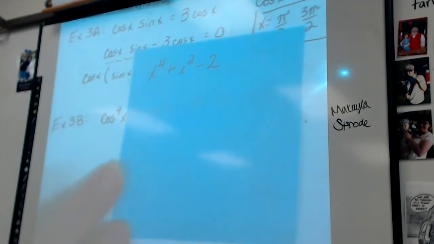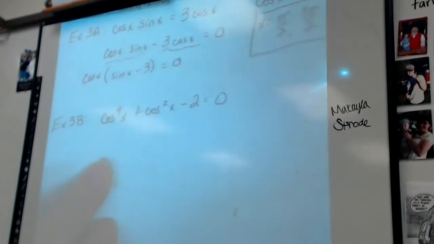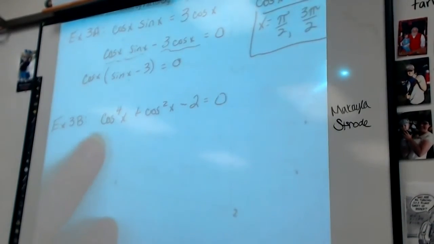We could factor that, couldn't we? Like a quadratic. Two numbers that multiply to get -2 and add to get 1 would be +2 and -1. Same idea right here, except instead of x to the 4th, it's cosine to the 4th.